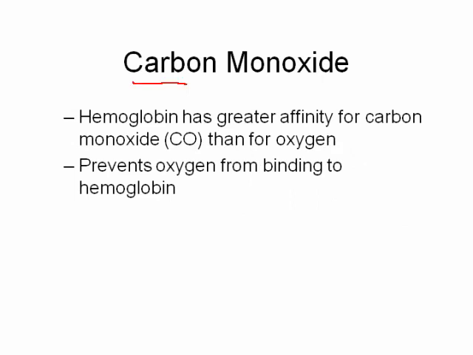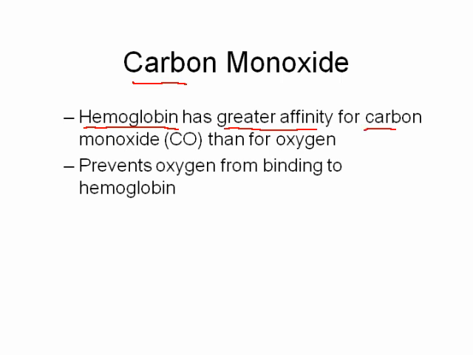Carbon monoxide can be a factor. It's not normally a factor, but of course a person could be exposed to elevated levels of carbon monoxide, either through air pollution or unfortunate incidents that can occur in a car where somebody is exposed to a fair amount of carbon monoxide.